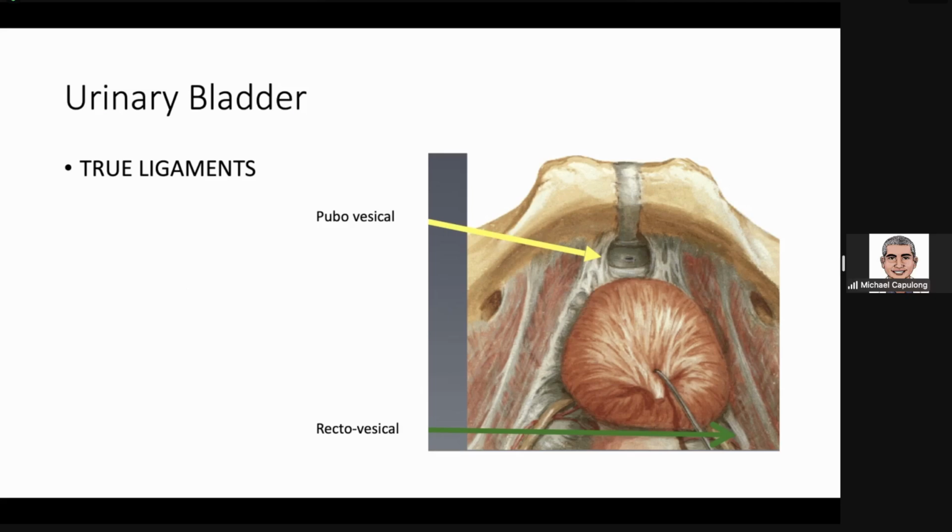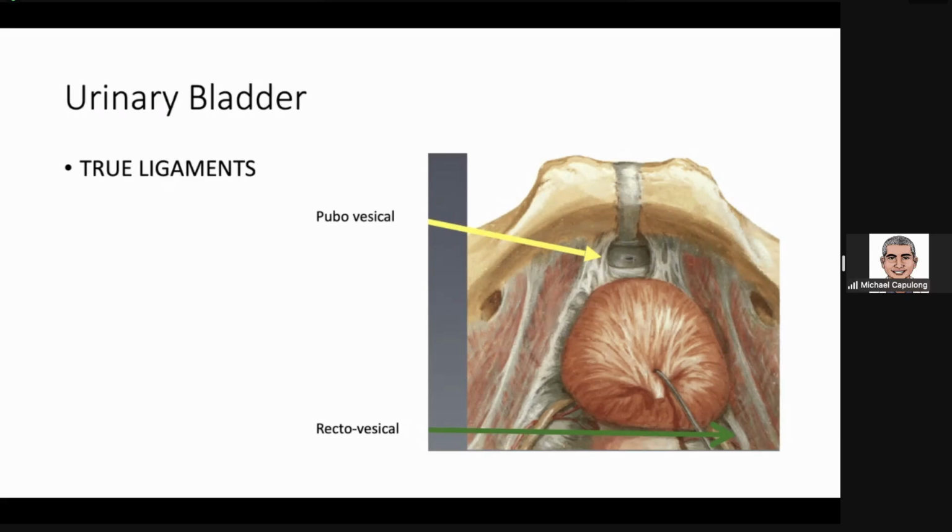The urinary bladder is fixed in the pelvic cavity by the presence of your true ligaments, so this secures its position in the pelvic cavity. True ligaments holding the bladder in place are your pubovesical and your rectovesical ligaments.